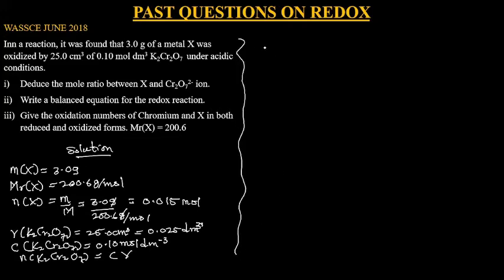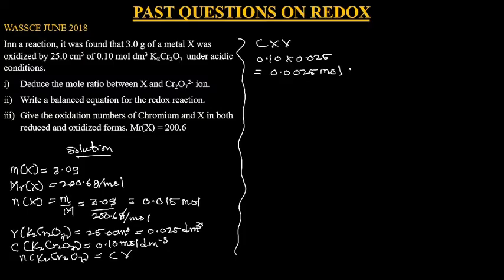So we have the concentration, 0.10, times the volume, which is 0.025 dm³. So what do we get for this? When we put it in the calculator, we'll have the mole of chromate anions in the solution to be 0.0025 moles. So that's going to be the mole of the chromate anions.